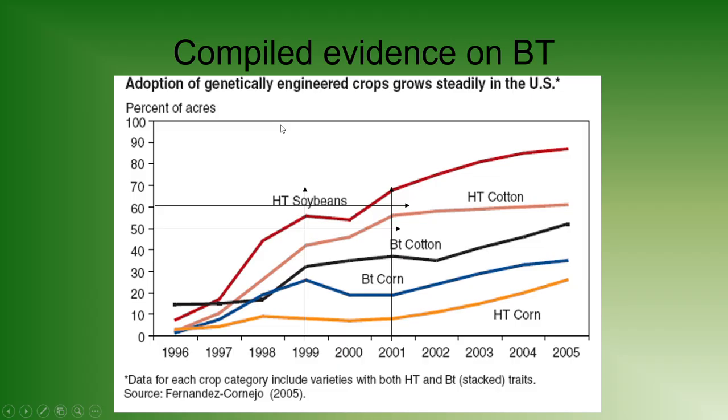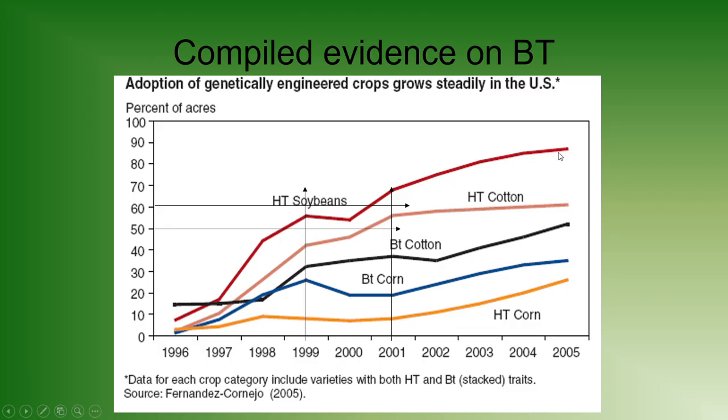Since 1996, since the development of transgenic plants, there has been a rapid increase in the development of these plants, and also in the adoption of this particular technology in the USA.